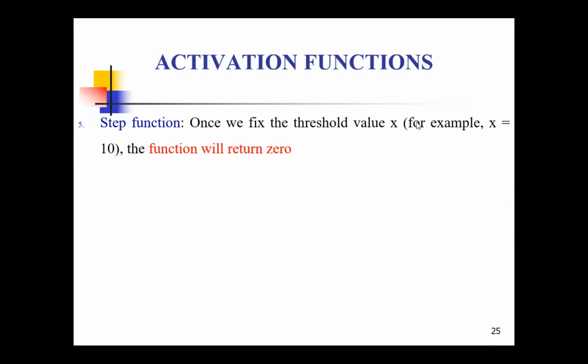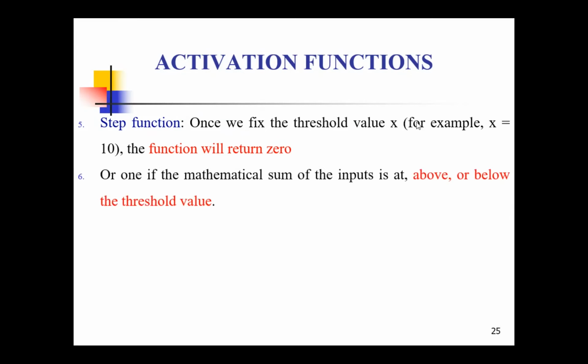When the value is lower than the threshold value, then the neuron gets inhibited. So once we fix the threshold value of x, for example x is equal to 10, then the function will return 0 or 1 depending on whether the mathematical sum of the inputs is above or below the threshold value.